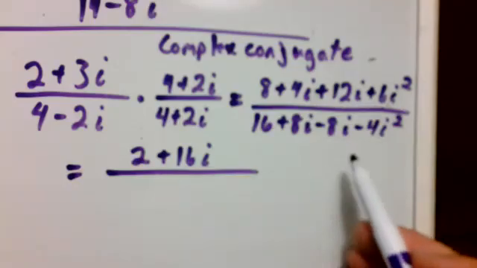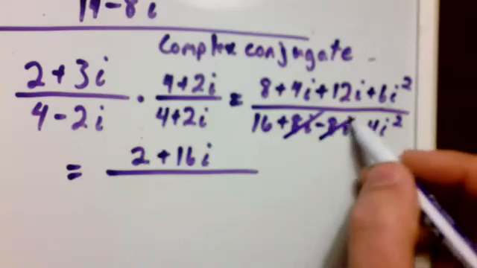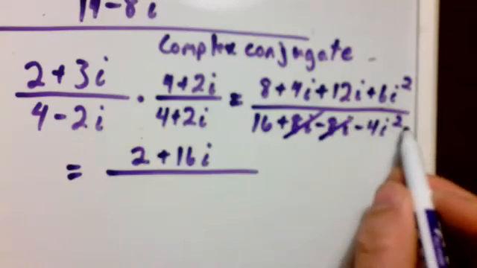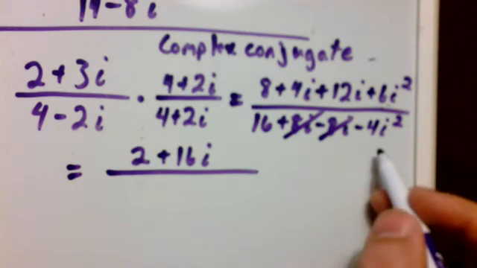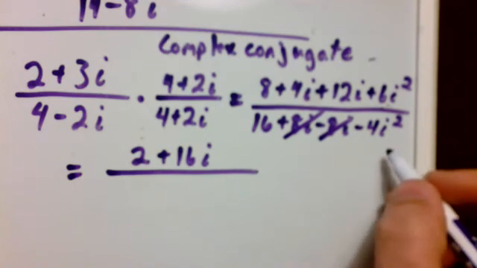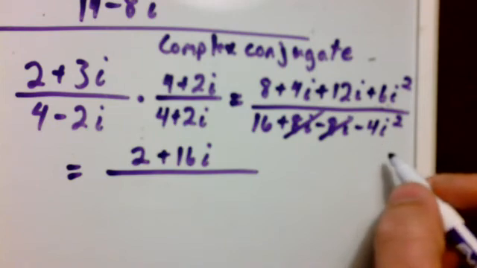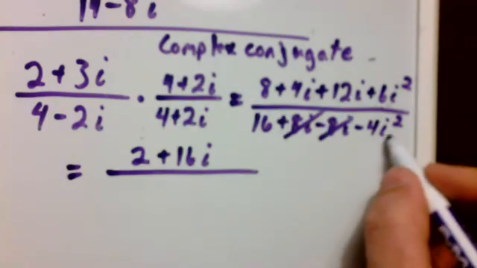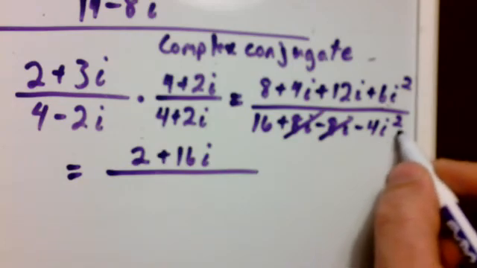Ryan, what happens on the bottom here? The 8i's cancel out. The 8i's are going to cancel. What happens to this negative 4i squared, Ryan? So the i squared becomes? Negative 1.